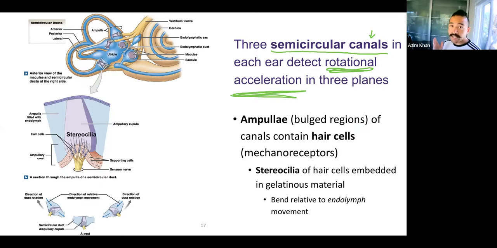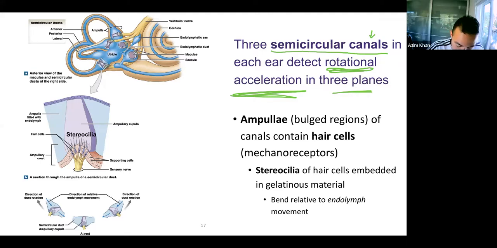Detecting that you're spinning or your head is turning, whether it's left, right, side to side, back and forth, those are the 3 basic head movements that we can do. I know there are special terms for them, but I don't remember them off the top of my head. One's like pitch, one's yaw, something like that. But anyways, that's why we have 3 different semicircular canals, for those 3 different planes.